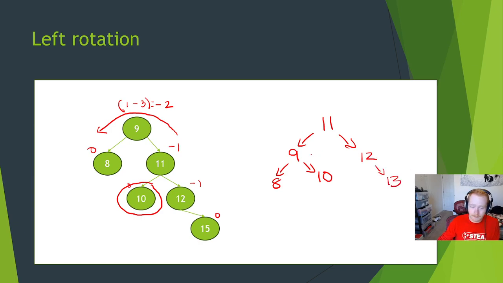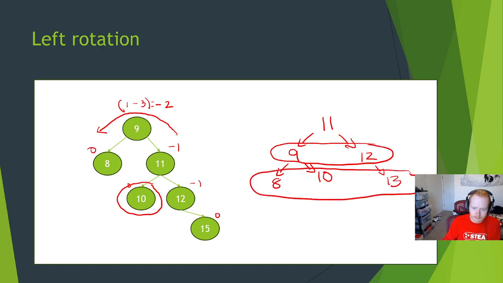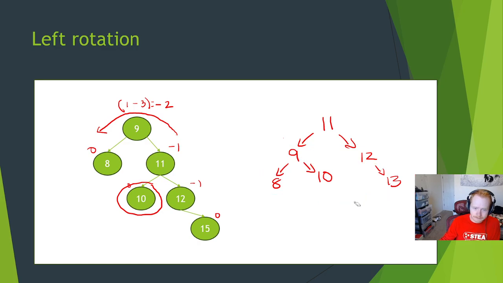My drawing is bad, but this is balanced. So we have this height completely filled up, and everything here is on the same level. So that is how a left rotation works.